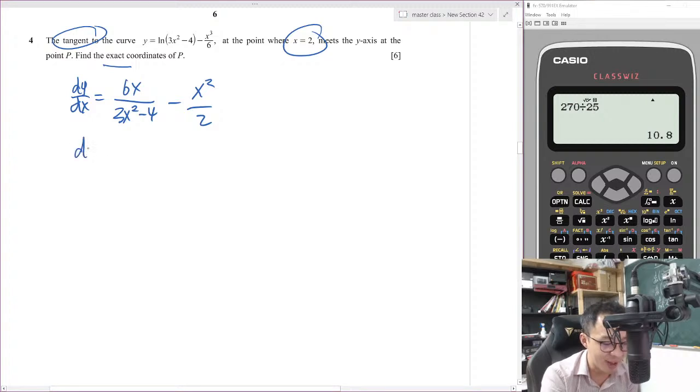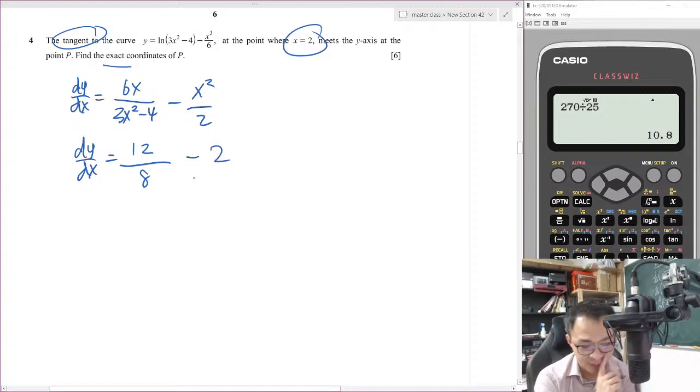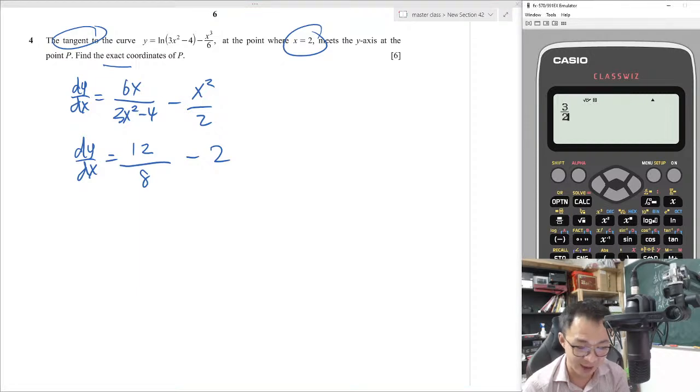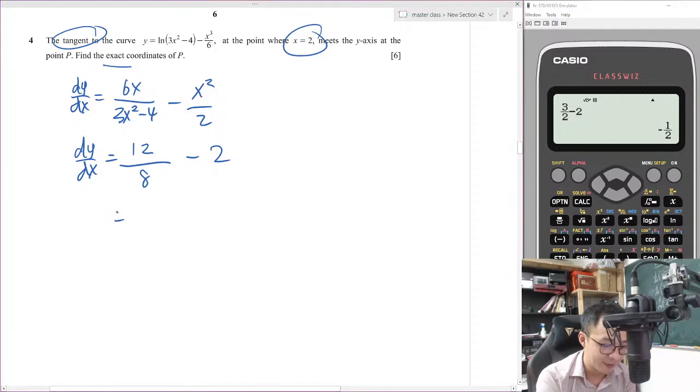Sub in x equals 2: 12 over 12 minus 4, which is 8, gives 3 over 2, minus 4 divided by 2, which is 2. So you get negative half, which is the gradient of the tangent.